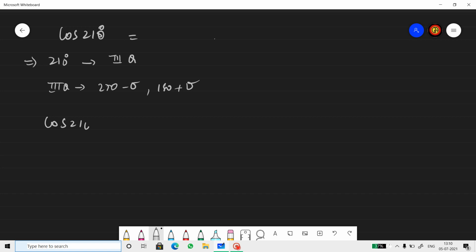So cos 210 can be written as cos 180 plus 30 degree. It lies in the third quadrant, where cos is negative. So the answer will be minus. Since it's 180 degree, there is no change to the function, so my answer will be cos 30 itself, which is minus root 3 by 2.